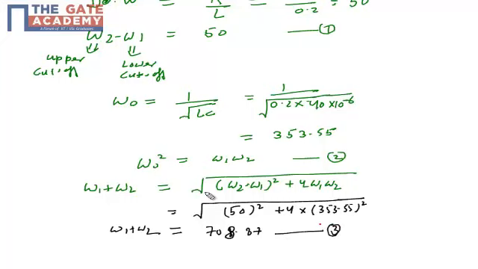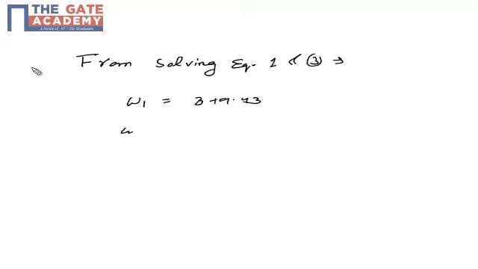From equation number 1, we have omega 2 minus omega 1 equal to 50. From equation number 3, we have omega 2 plus omega 1 equal to 708.87. We have two variables, so we can easily find the values of omega 1 and omega 2. Solving equations 1 and 3, you can find omega 1 as 379.43 and omega 2 as 329.43.